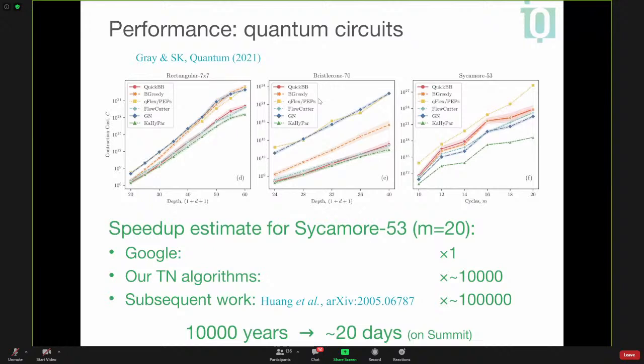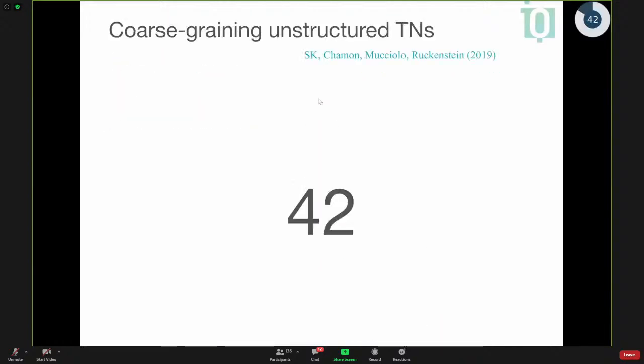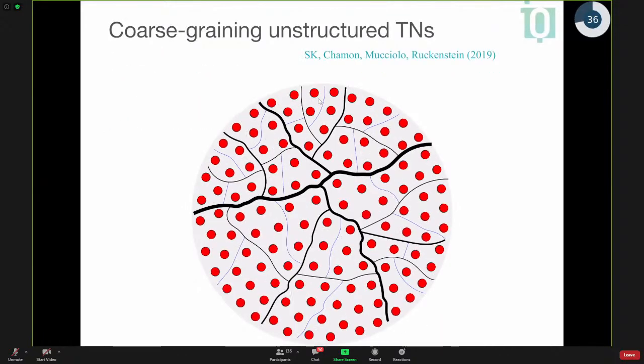In particular, to your question regarding which ones seem to be the best so far, we find that algorithms based on this cartoon picture that I showed you here, which is called graph partitioning, seem to work best. In fact, we go one step further and do something called hypergraph partitioning, but it doesn't really matter.